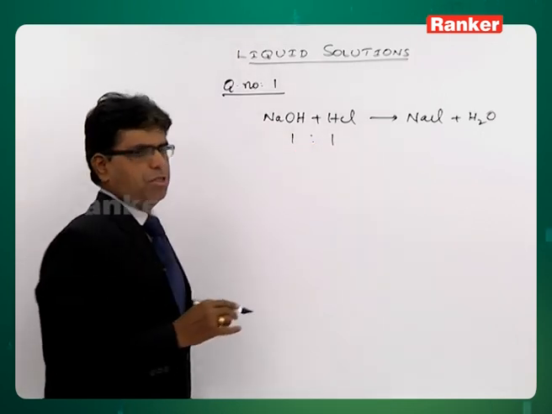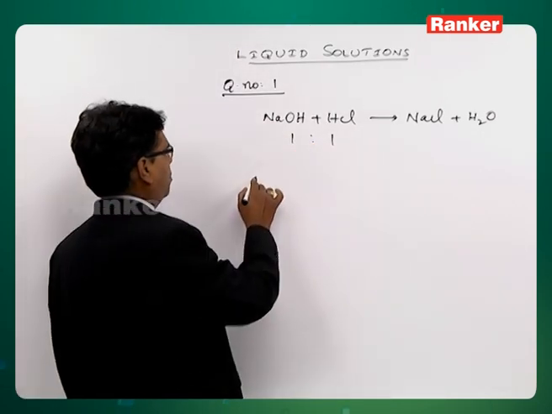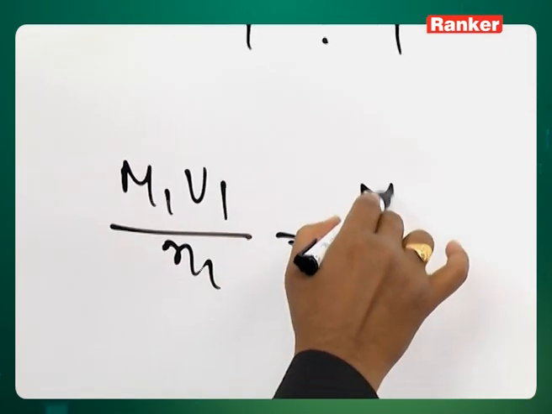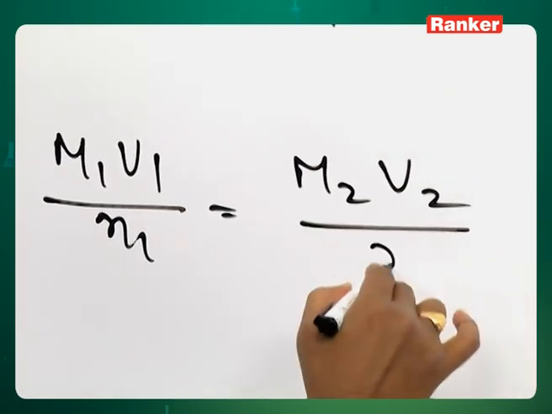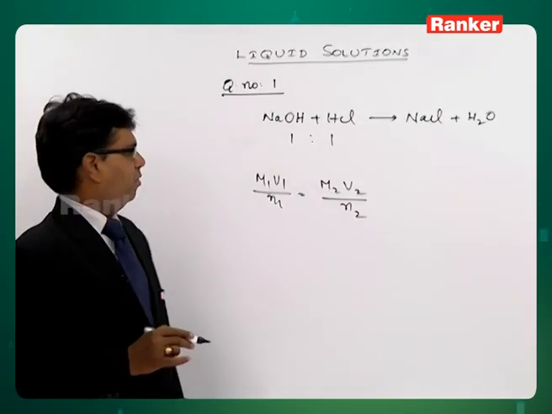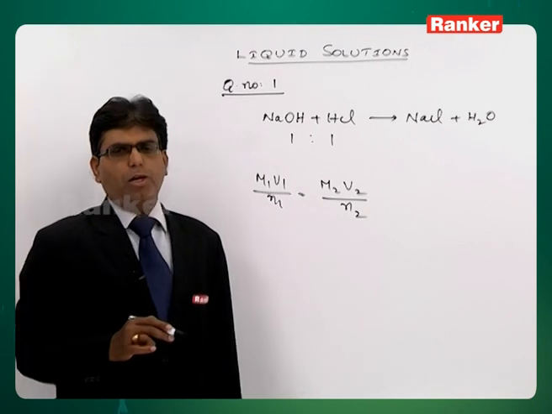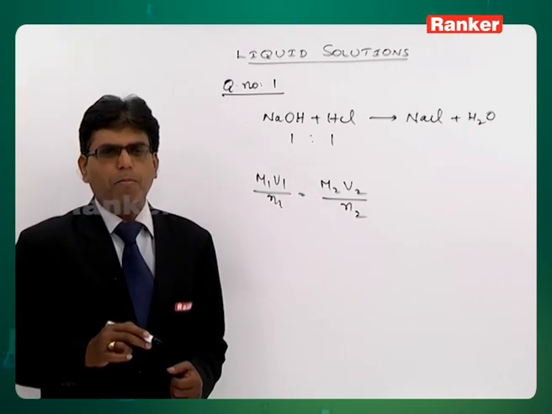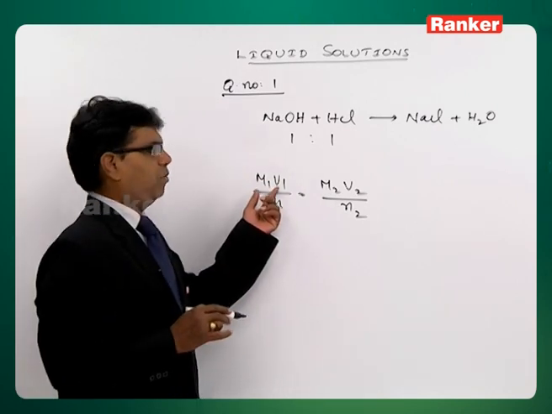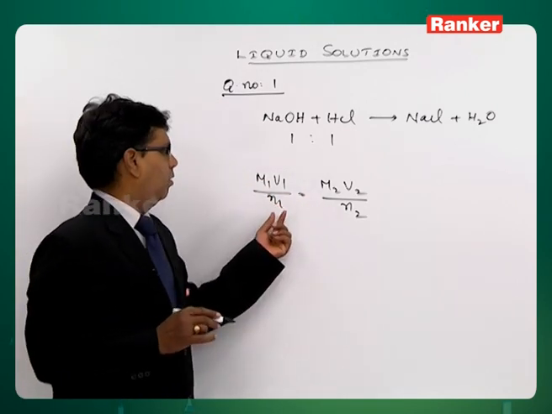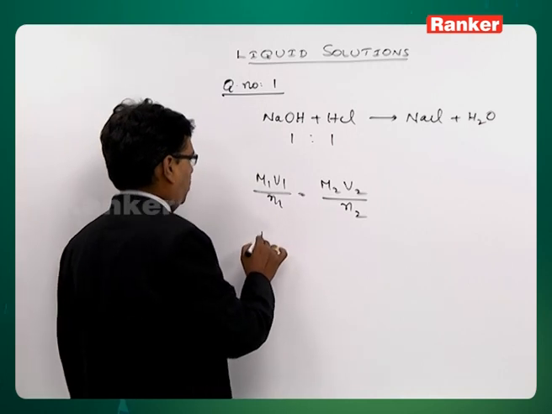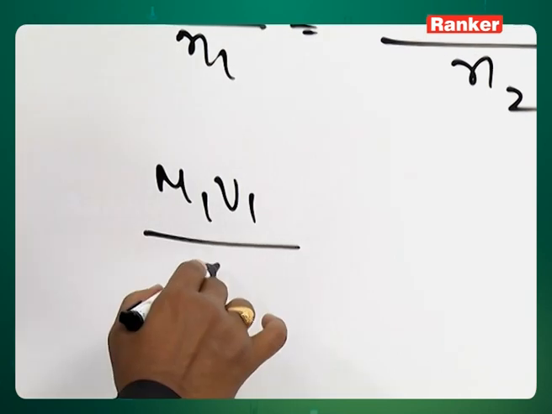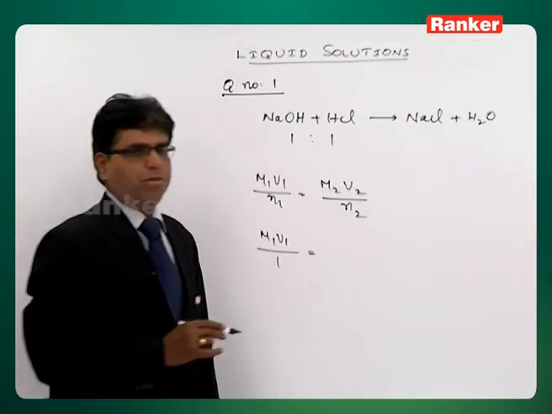To solve this kind of question, the formula we are supposed to use is M1 V1 by N1 is equal to M2 V2 by N2. Here M1, V1, N1 are the molarity, volume and stoichiometric coefficient of sodium hydroxide, and the other set is for HCl. The question asks how much NaOH is required, so for sodium hydroxide I will keep M into V as it is. N1 is of course the stoichiometric coefficient, which is 1 according to the balanced equation.